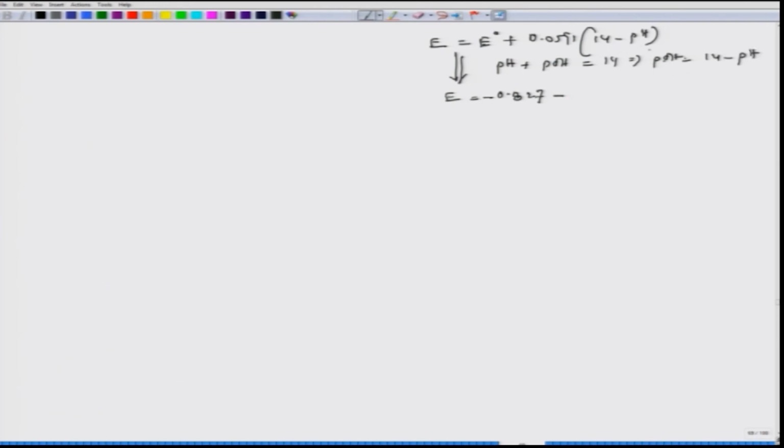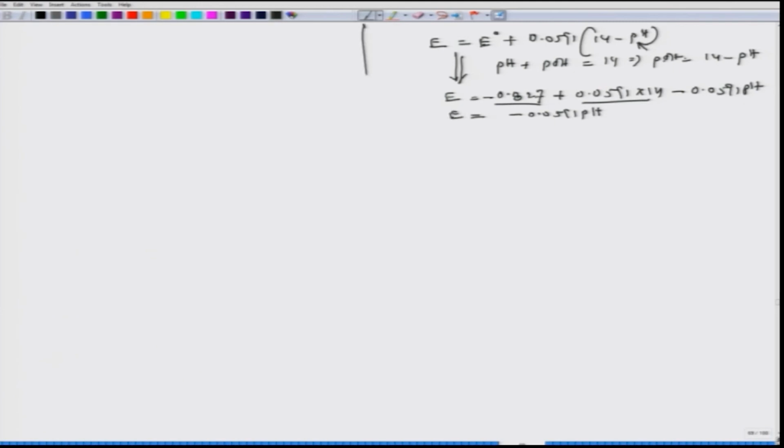So, that is what you have put here. This becomes plus 0.0591 into 14 minus 0.0591 pH. You will see that these two quantities would cancel. So, it becomes minus 0.0591 pH.